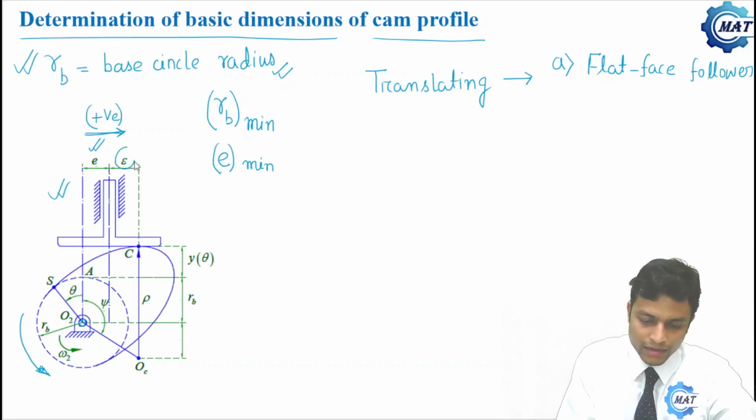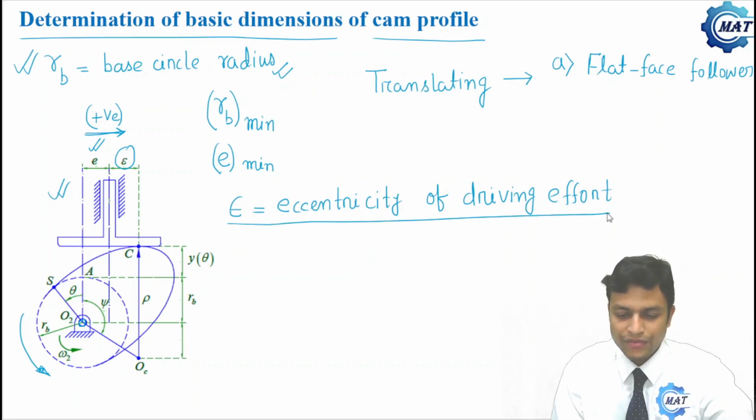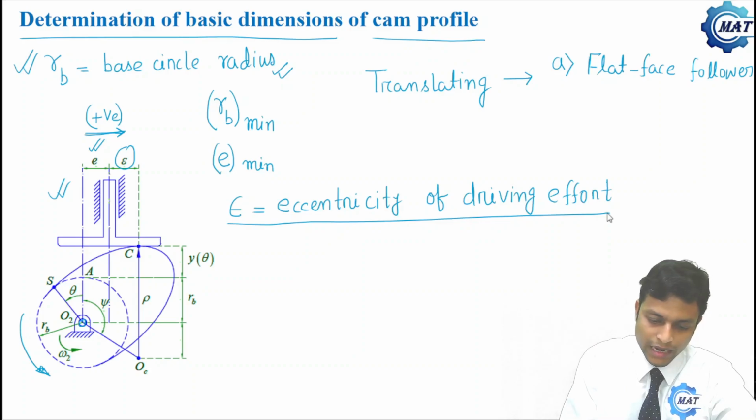and epsilon is the eccentricity of driving effort. Epsilon is eccentricity of driving effort, and here C is the contact point between follower and the cam.